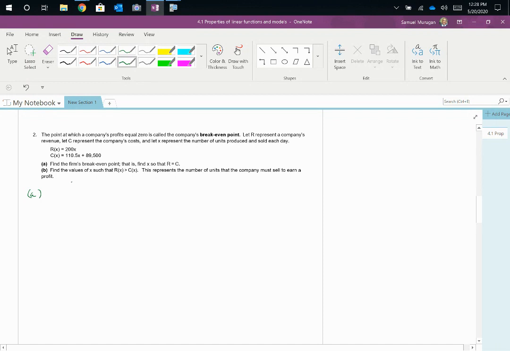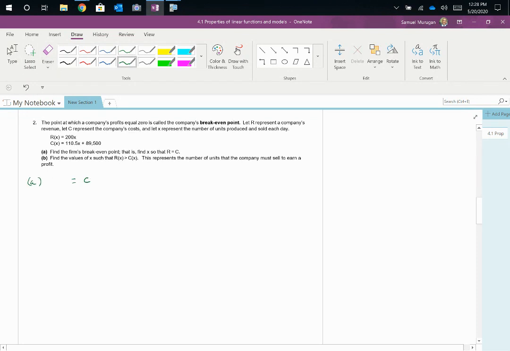Okay, so remember, x represents the number of units produced. Let's set R equal to C and solve for x. So we've got, and you can see the similarity to the previous problem, yes? 200x is equal to 110.5x plus 89,500.